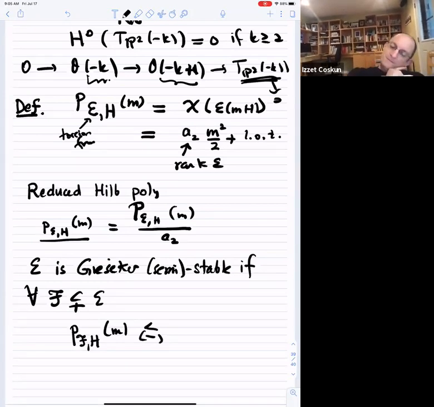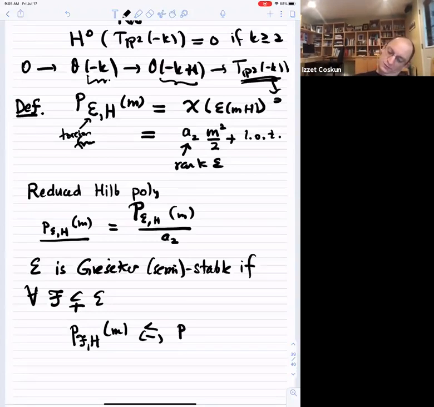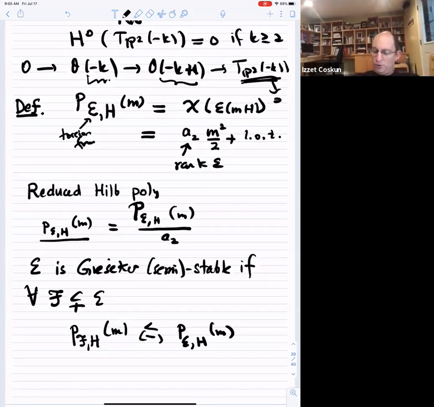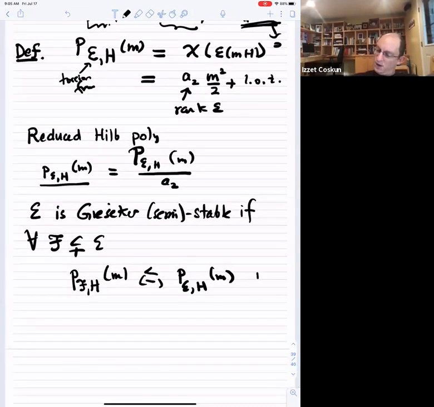If you allow equality, then you get semi-stability. And what does it mean for a polynomial to be less than or equal to another polynomial? This inequality should hold for all sufficiently large m, okay?